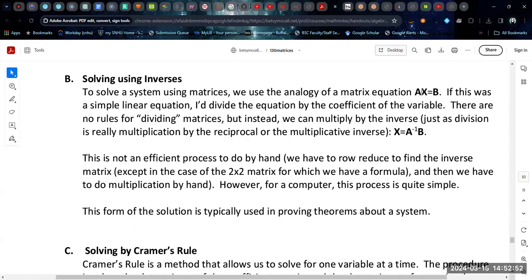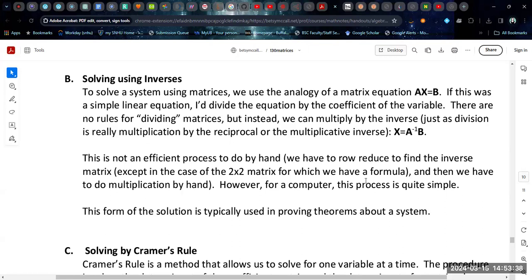So if we have a matrix equation like this, where we have our A matrix, our coefficient matrix, times our vector of variables, equal to our constant vector, it can be represented like this, AX equals B. Assuming it's a simple linear equation, and A has an inverse that we can find, either through our calculator or by using that inverse solving process we looked at earlier, then if you multiply both sides of this equation by A inverse on the left, A inverse times A will be the identity matrix, which is like a 1, so it goes away. And then on the other side of the equation, we would have A inverse times B.